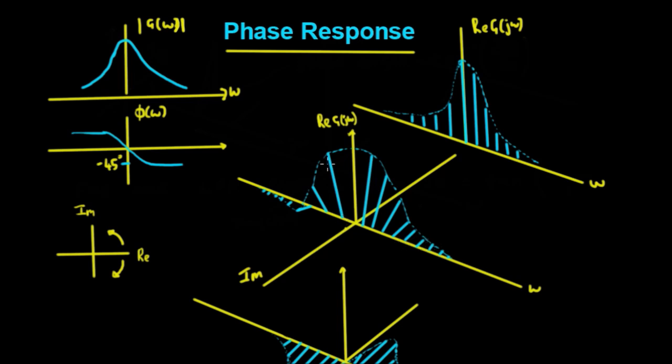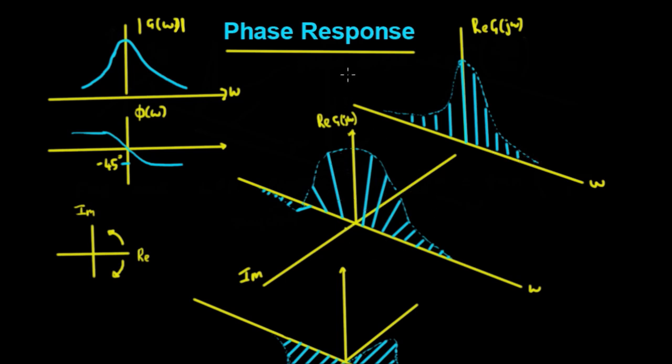You can see it, and it rotates in the opposite direction along this axis. So in order to get the real part of this transfer function, we would have to look in from this angle. Imagine standing here and looking in from this angle, or shining a torch there, and it would project the shadow of this onto this axis here, and that shadow you would get would be the real part of this complex function.